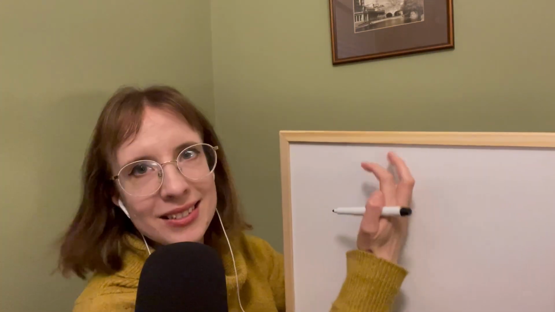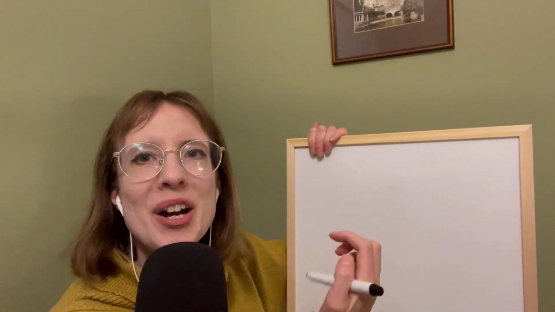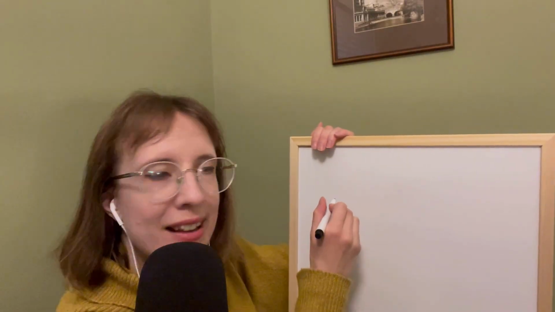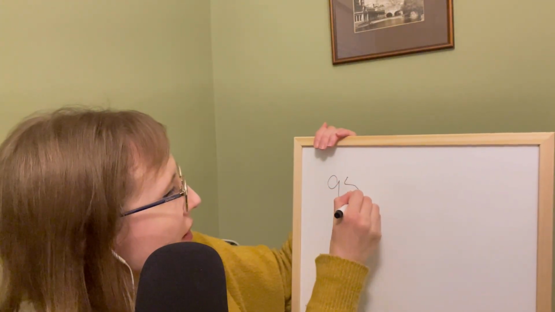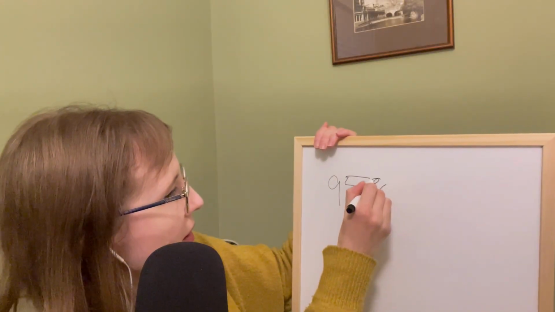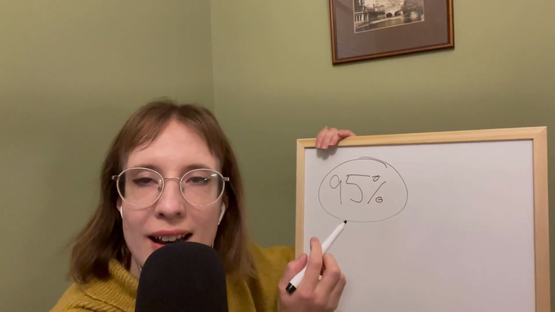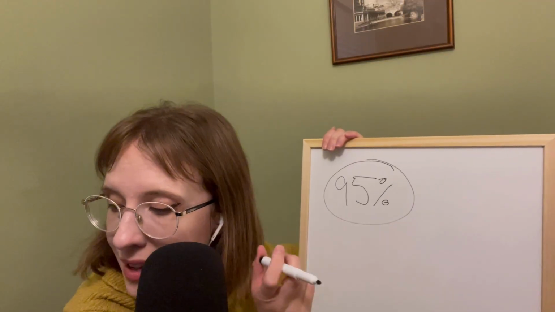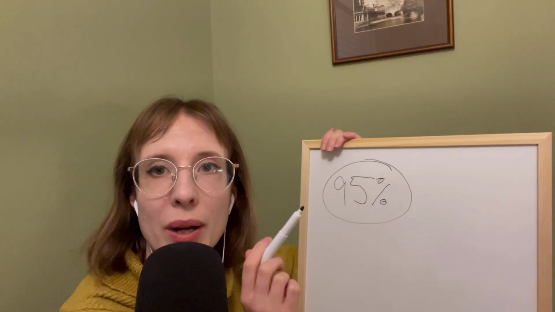So an orbital is where 95%, that's where an electron spends 95% of its time, and it's a region of space where it will spend that time in.